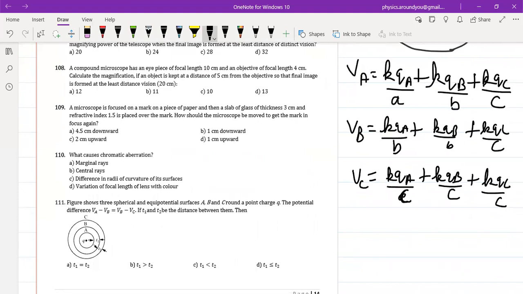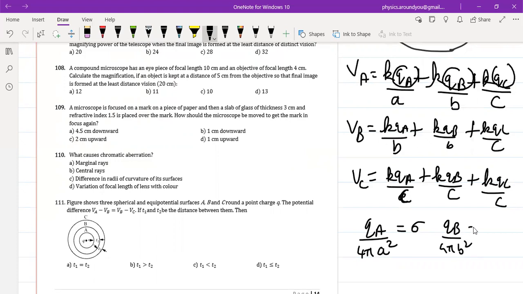But you may ask, sir, we don't know anything about QA, QB, QC. That is where charge density concepts come in. I can say that QA by the surface area of the inner sphere, 4 pi a square, is sigma. QB by 4 pi b square is minus sigma.